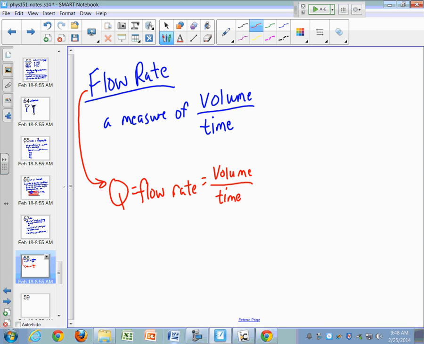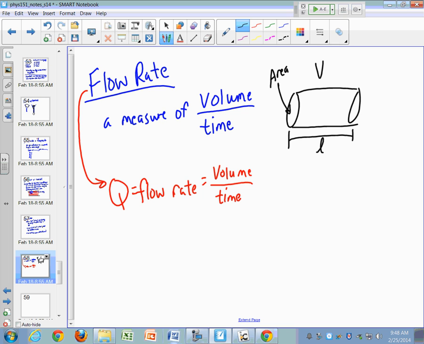let's say that I have a column. I have this cylinder. It has a certain volume, right? It also has a cross-sectional area here. That's like the area of that circle on the end of the cylinder. And then it also has a length, which I'll call L. All right.